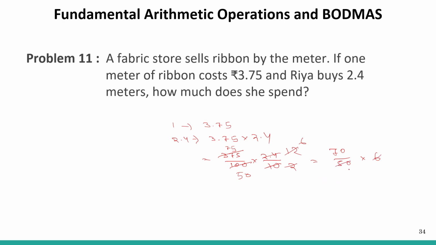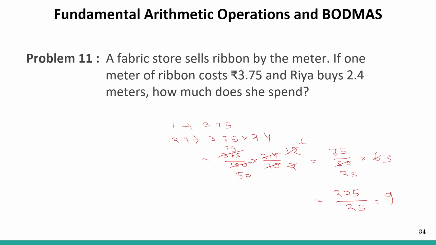So 6 will be also, this will be 25 and this will be 3, and this is not 70, this is 75, so 75 into 3, so 225 by 25, that is nothing but 9. 25 into 9 is equal to 225.